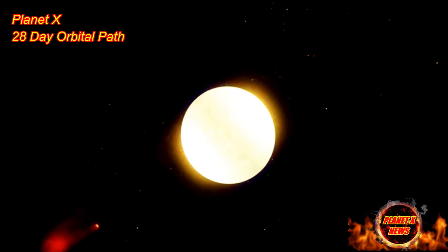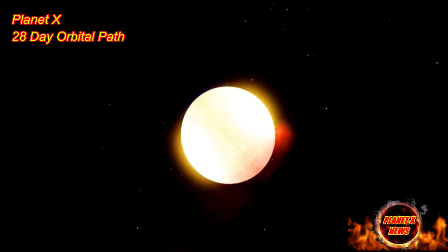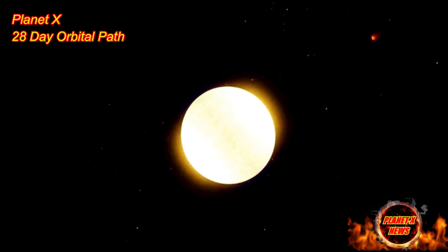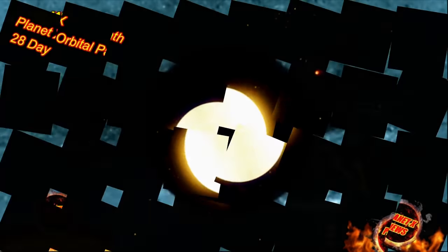I'm just about tired of getting the emails and the inbox messages and all of the questions, and I can't help it that you folks continue to watch their videos. But what you're looking at here, this is the first time that we actually have a pretty good view of how this object orbits the sun.